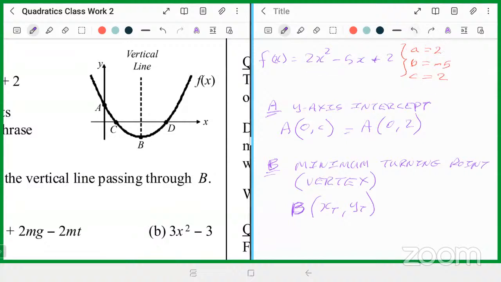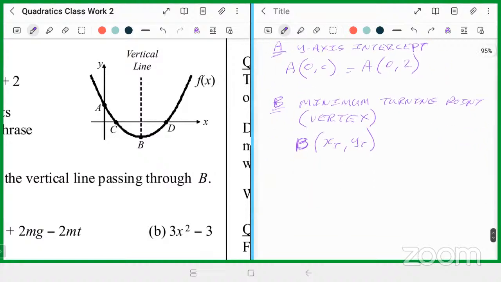It's a nice quick way to work it out. The method that we learned in class allows us to calculate the x value at the turning point and the y value at the turning point using a formula that uses these values, a, b, and c.